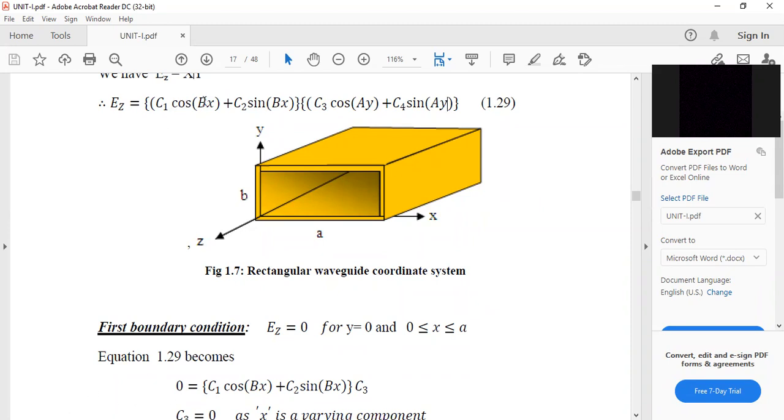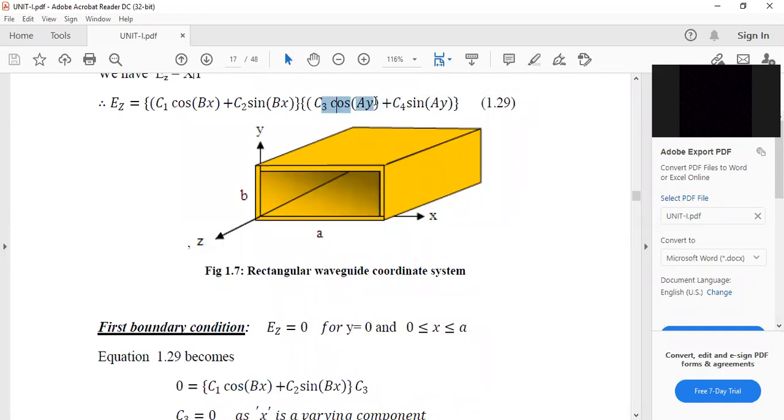So c1 cos bx plus c2 sin bx, because there is no y component there. Now here you have the y component, c3, and y is equal to 0, so cos 0 is 1.